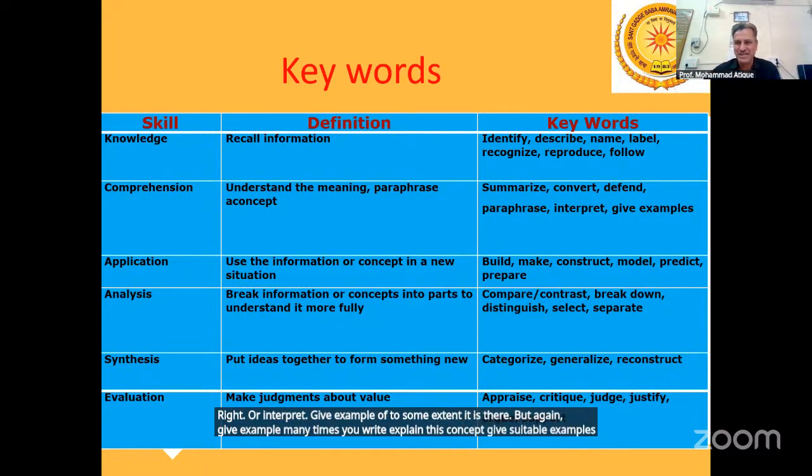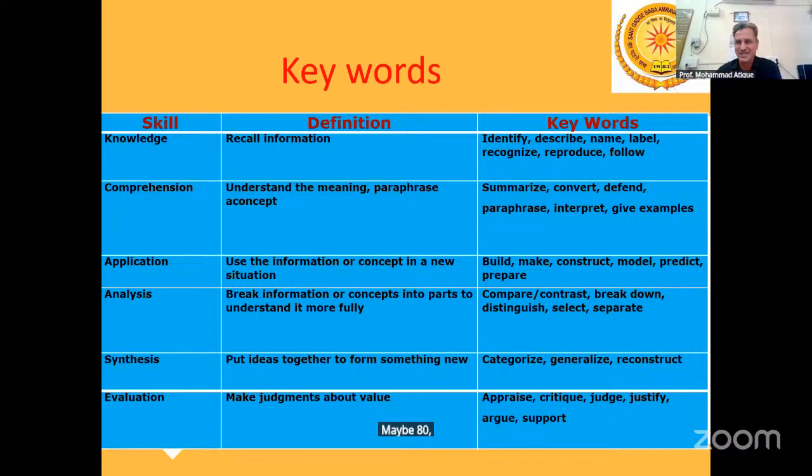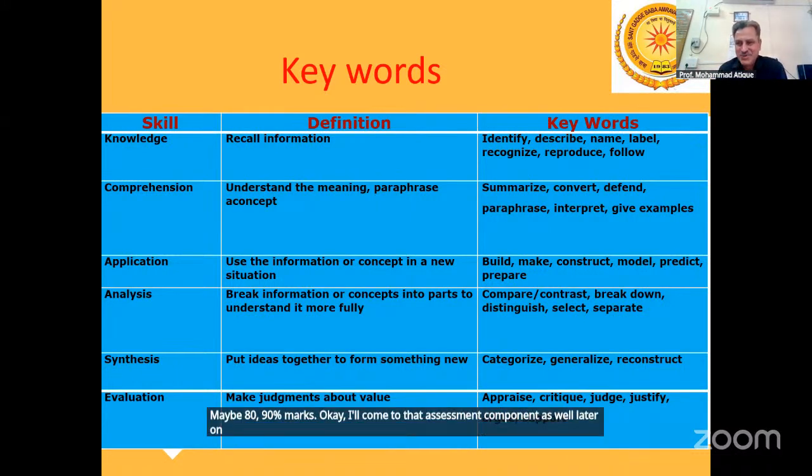And normally when it comes to assessment, that is actually evaluating the paper, we simply ignore that give-example part. He has explained it, we give maybe 80-90% marks. I'll come to that assessment component as well later on, how we are killing our students, right? So application: build, make, construct, model. Analysis: compare, contrast.